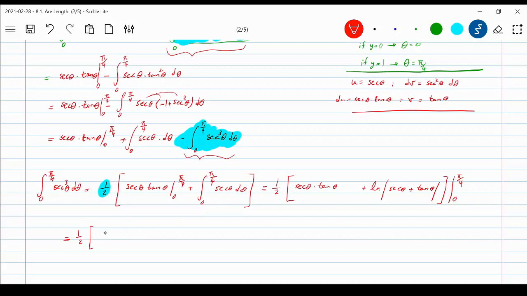That is root 2 over 2, so flipped over would be 2 over root 2, or simply root 2, times tangent, which is 1, plus ln of 1 plus root 2, minus, if you replace 0, tangent would be 0 in both cases, so you get root 2 times 0 plus ln of root 2.